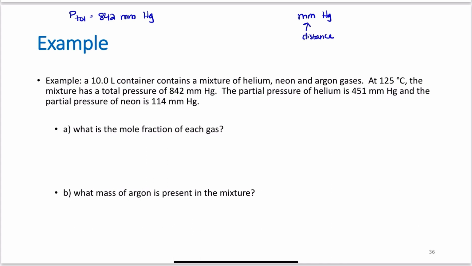It means it has pushed the mercury up the barometer to that specific distance or length. The partial pressure of helium is 451 millimeters of mercury, and the partial pressure of neon is 114 millimeters of mercury.